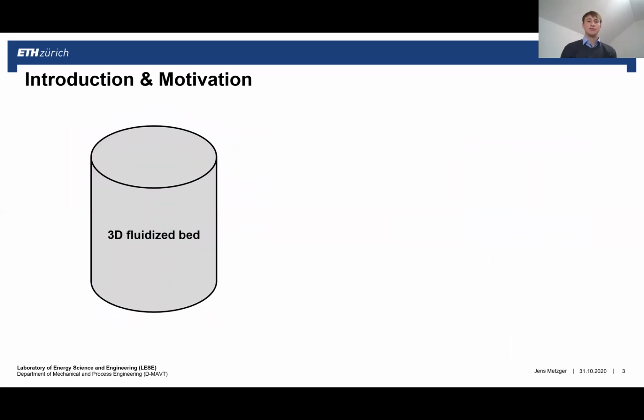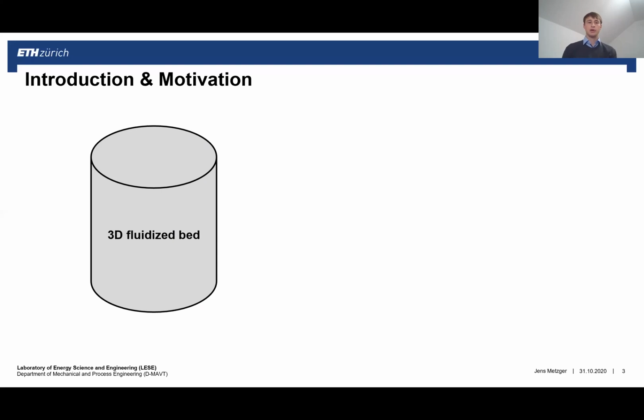Investigations in this field have been performed for several decades now. The problem is that if we want to investigate the interplay of gas phase and the obstacle, we either needed to have a 2D bed, so a pseudo 2D bed, or insert probes, which both change the physics of the system because the gas also interacts with the walls, so we have wall effects, or with the probes that themselves represent obstacles for the fluidized matter.